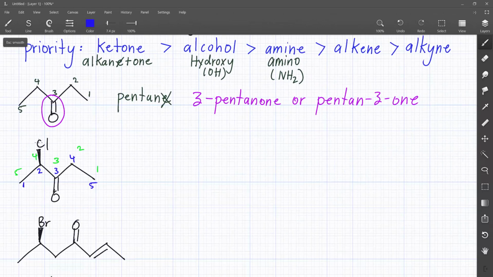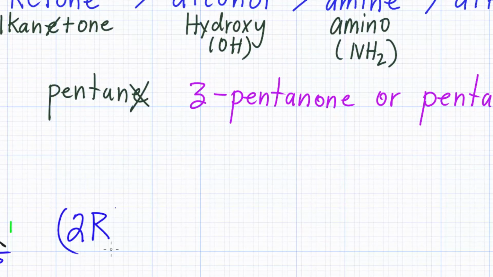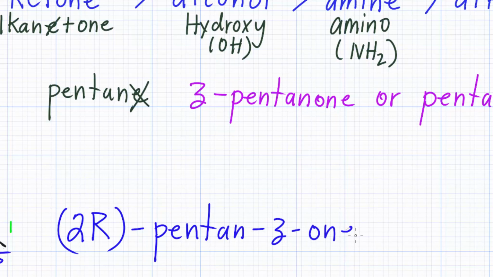So this would be 1, 2, 3 absolute priority. That would be R. So this would actually be 2R-pentan-3-one.